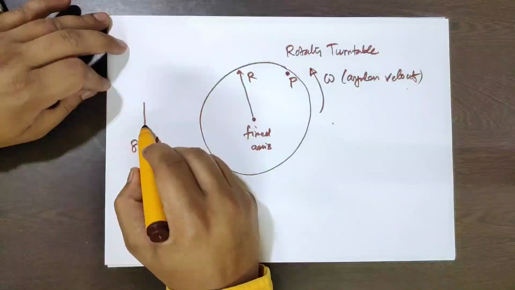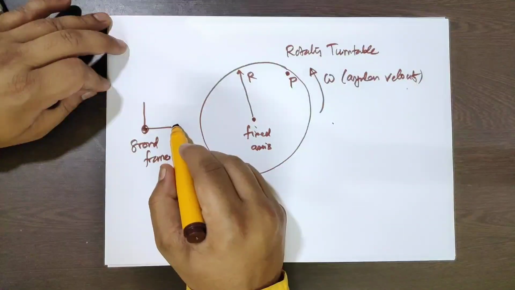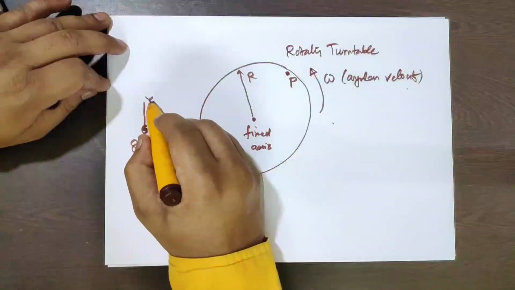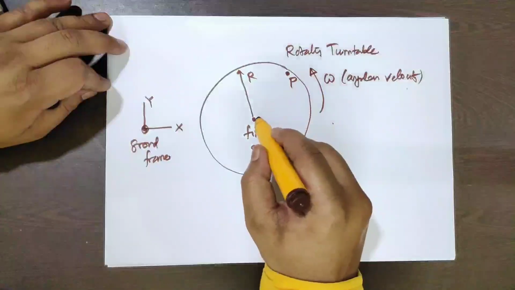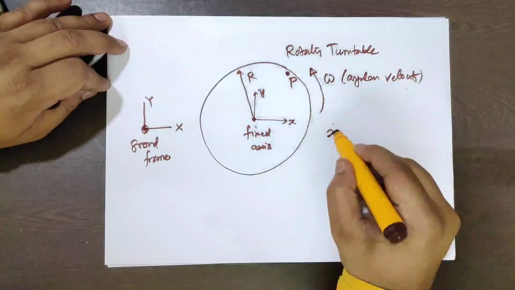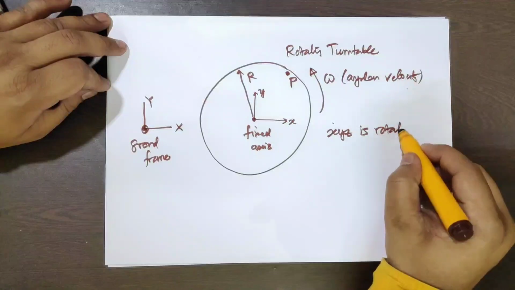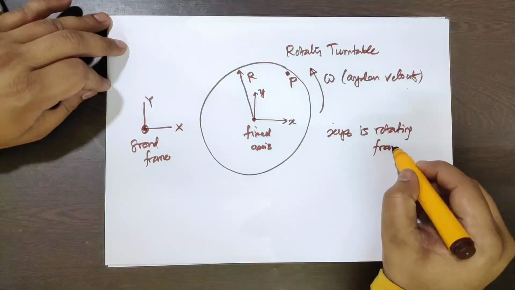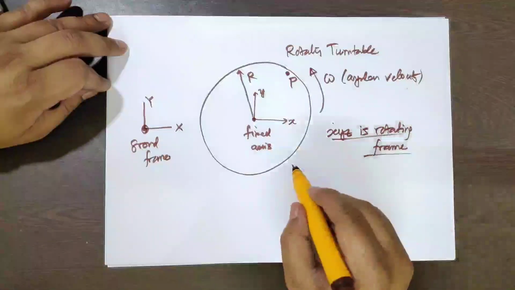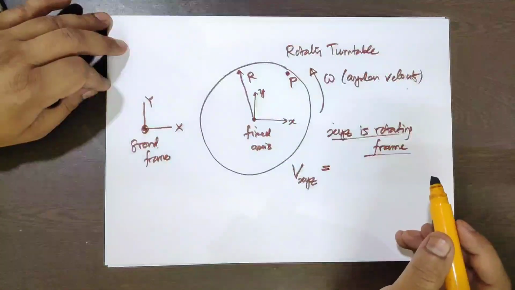So there is the frame x, y, and suppose z axis is on the top, and this is also small x and small y. Suppose this small xyz is the rotating frame. So therefore v small xyz is equal to how much?